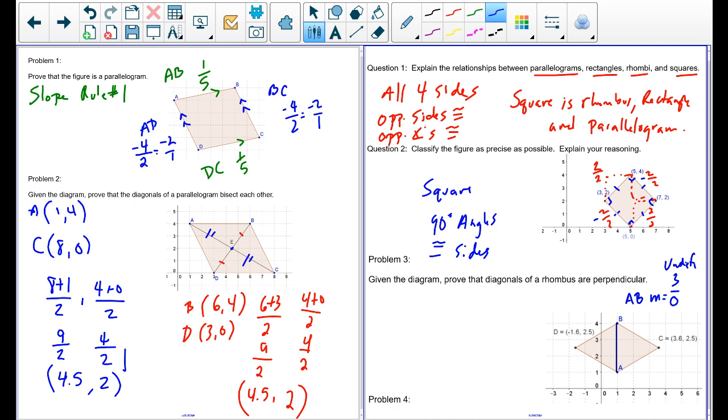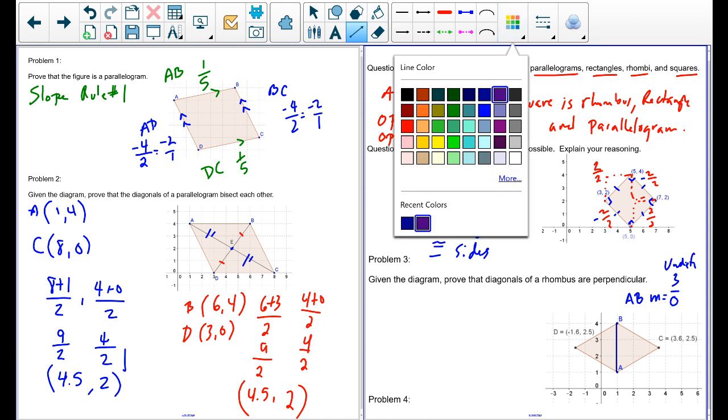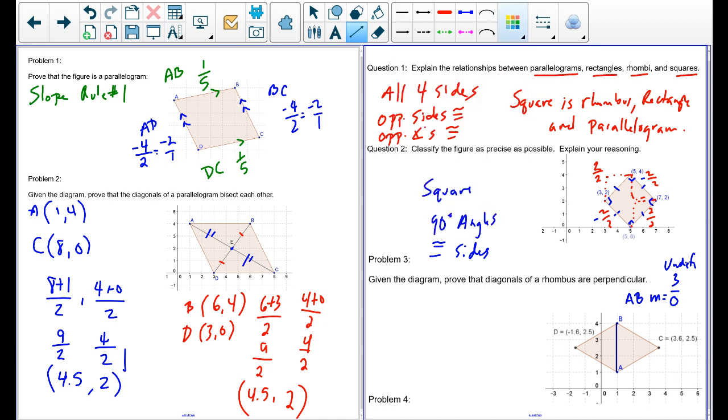Now, what about my slope across? So what's my rise? This time my rise is 0, so this is going to be CD. So my CD slope, my rise is 0. What's my run?